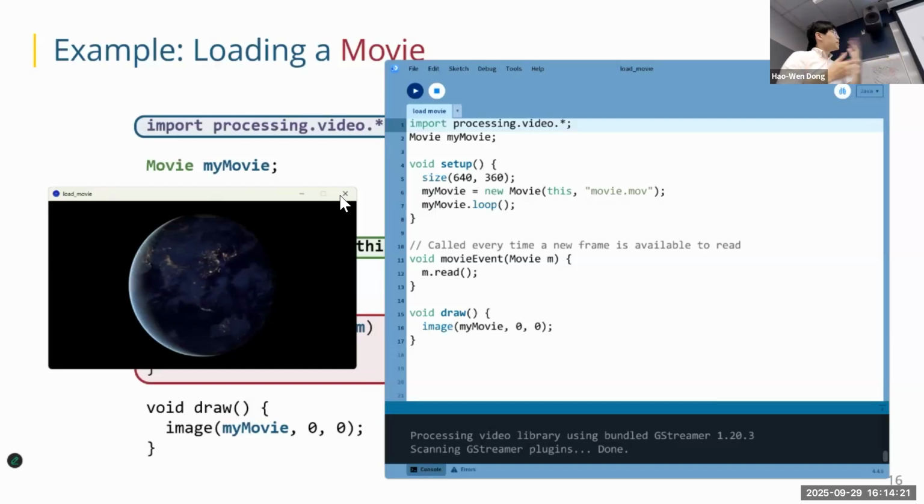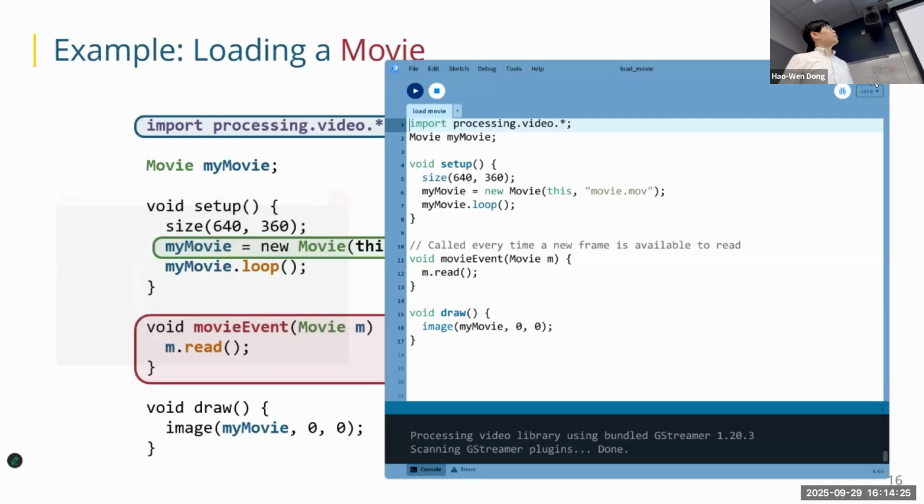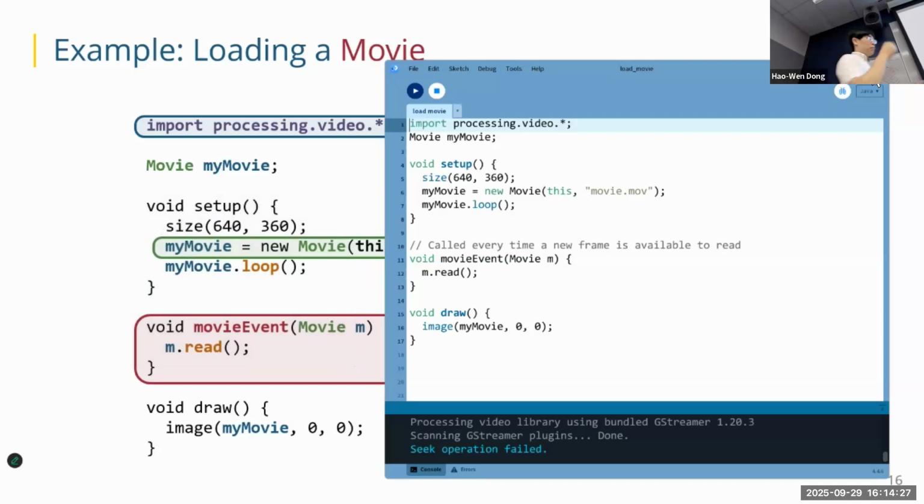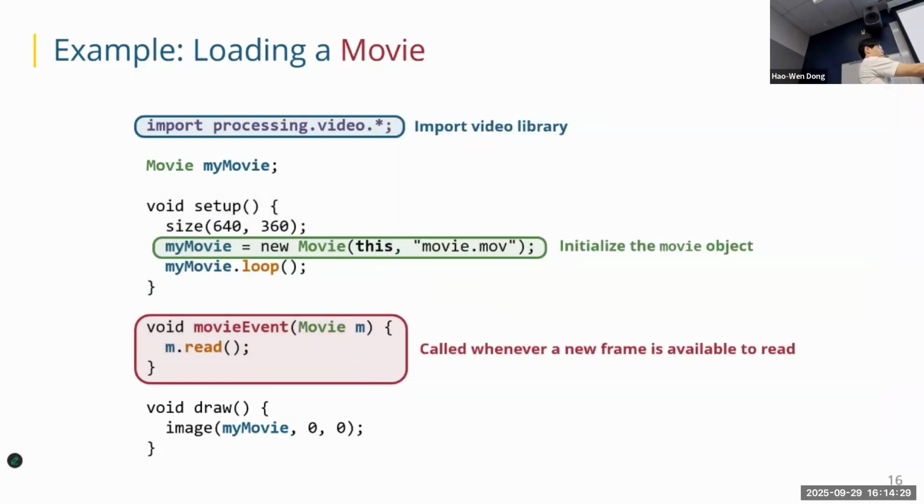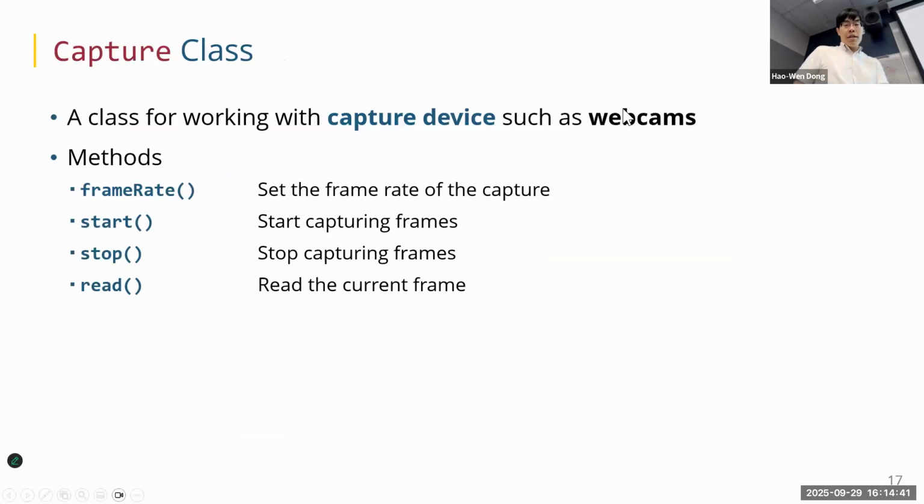So this is how movies work in Processing, where you are constantly reading an image from a video file and updating that in your movie object. Cool. You can do a lot of different things: frame rate, start, stop, read, of course.